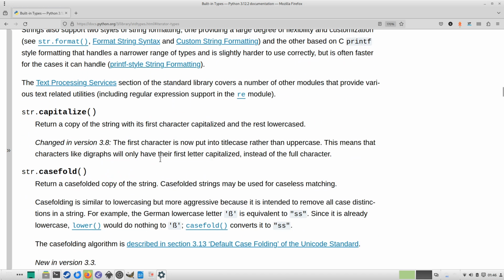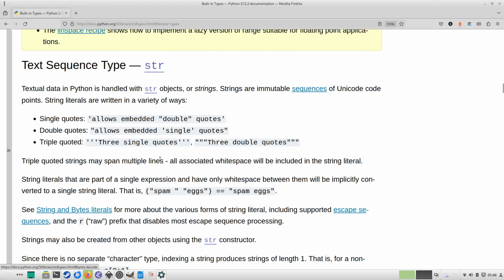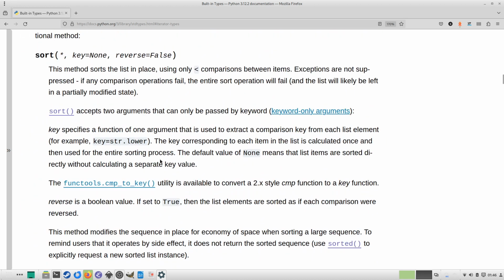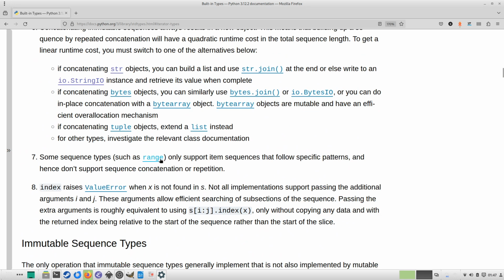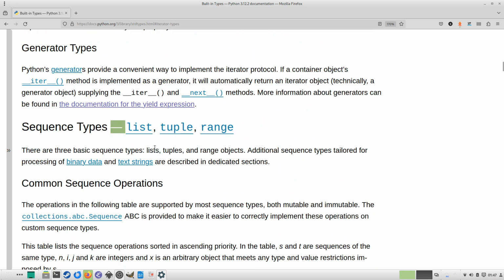You can see that not enough examples are given. We will create examples and test these functions when we study the sequence types. First we are studying list, tuple, and range. These three sequence types we will study.